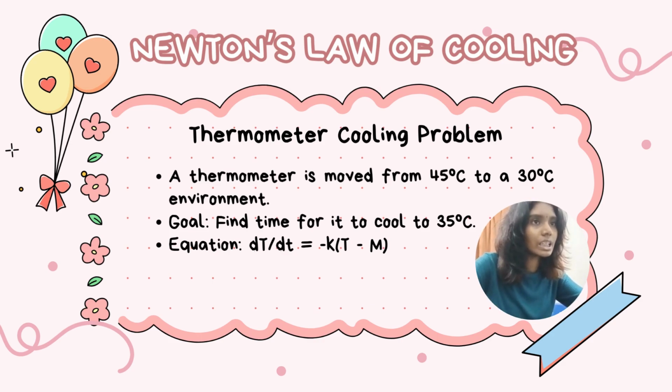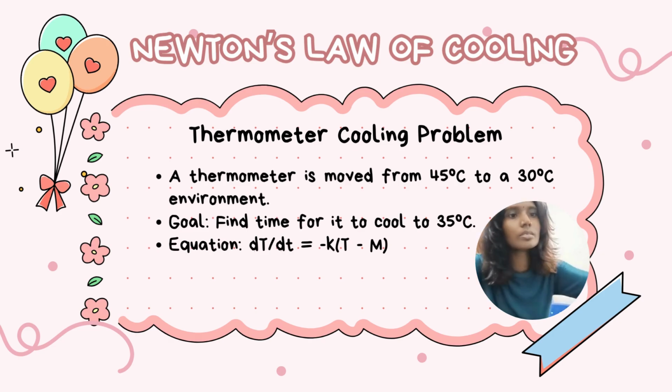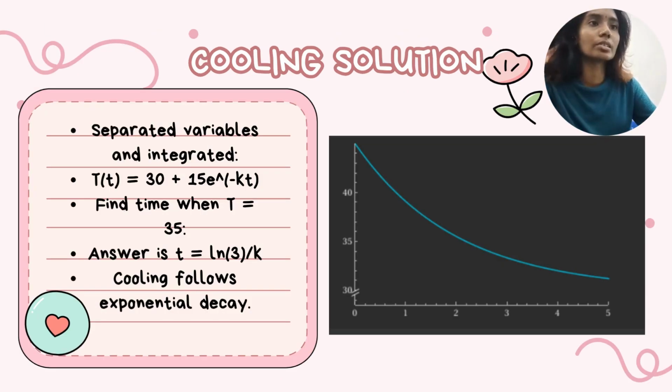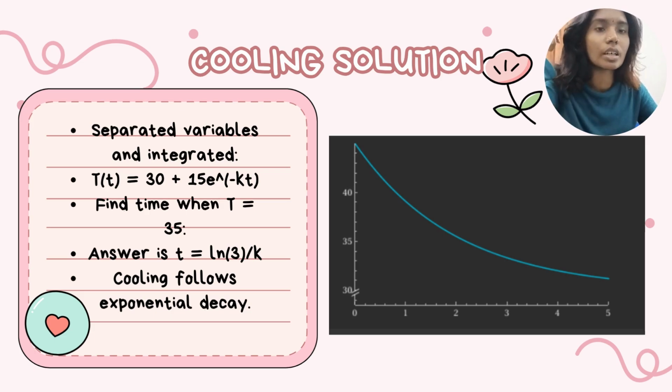Since ln 3 equals 1.099, if we know k, we can calculate the exact time. See the cooling solution graph. The answer is t equals ln 3 divided by k. The cooling follows exponential decay. That's all.